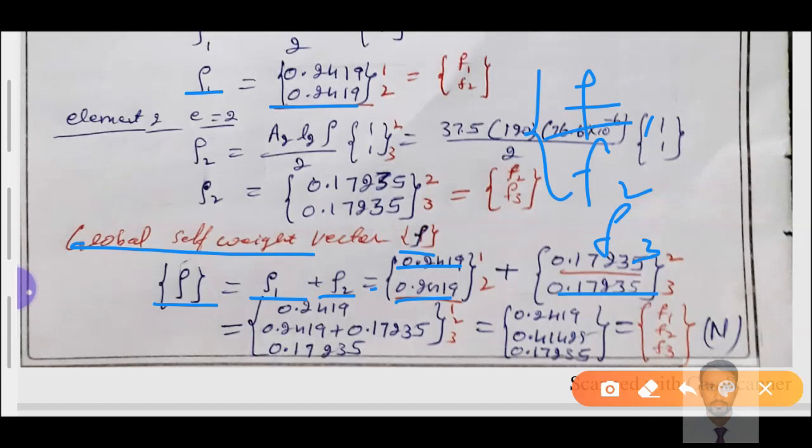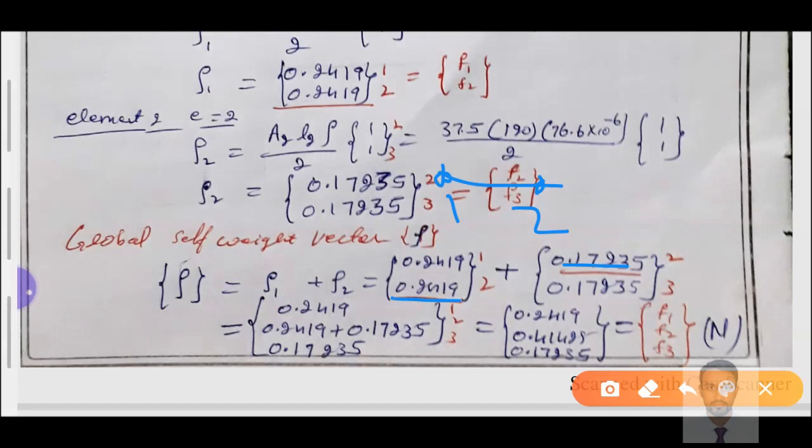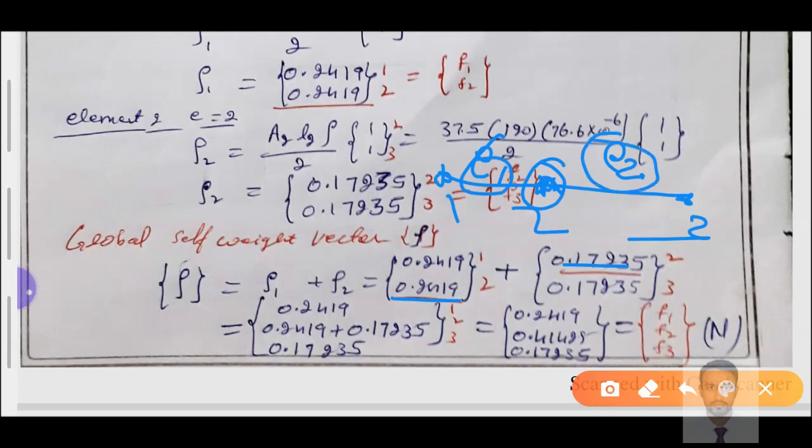So this value we directly take for F1, F2 and F3. Element 1 starts from 1 to 2 and ends. When element 1 ends, from the same node element number 2 starts and ends at node number 3. The effect of forces occurring at node number 2 based on element number 1 and element number 2, that effect we are adding here.